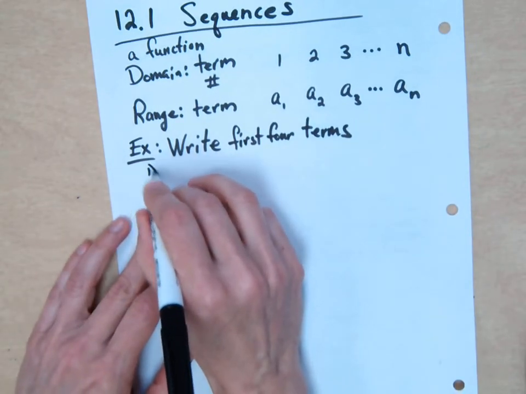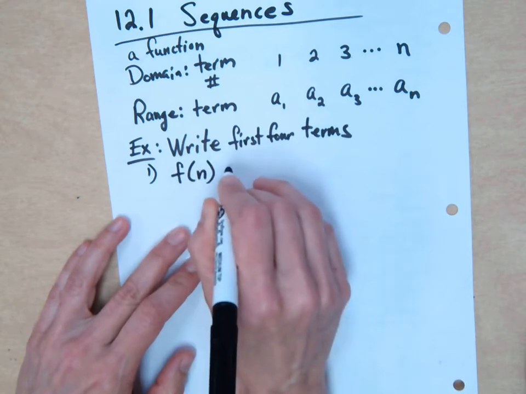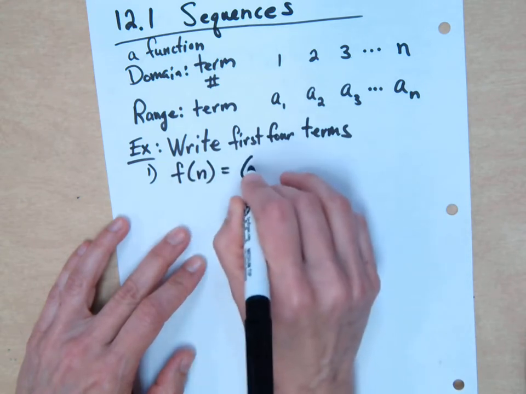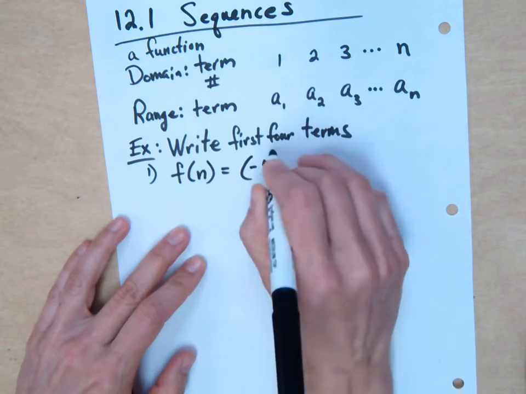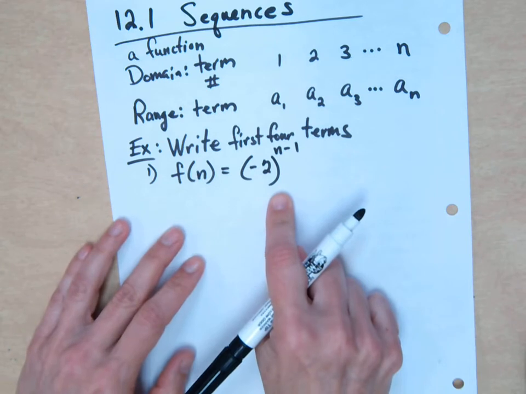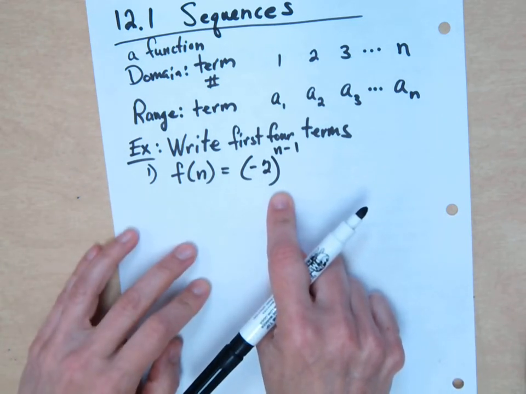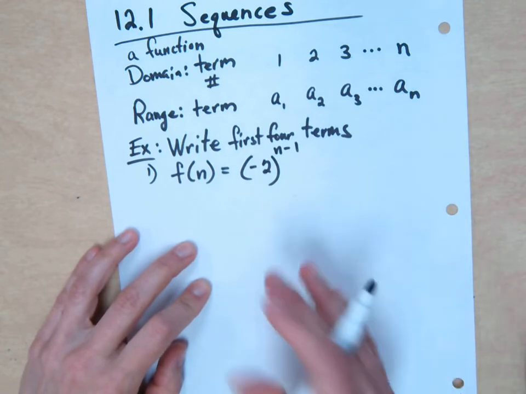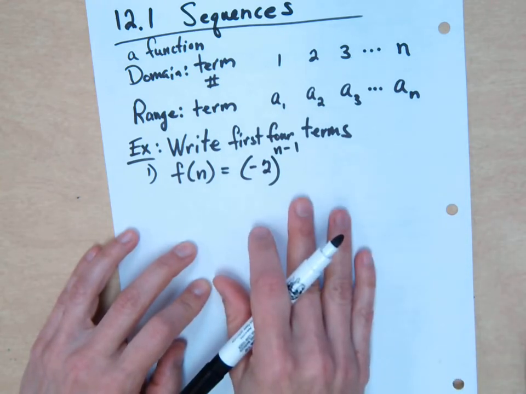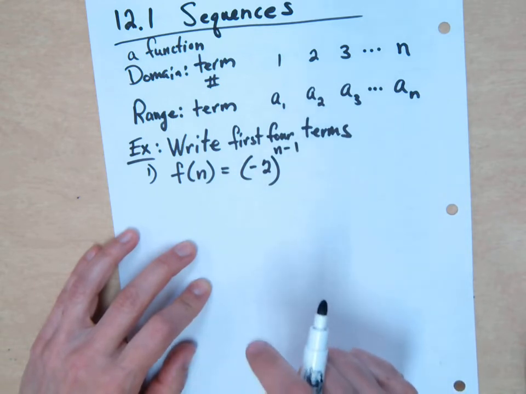For the first example, let's use function notation: F of n equals -2 raised to the n minus 1. It's a somewhat complicated formula, but you didn't have to come up with it. It was given to you. And we want to write out the first 4 terms. So you let n equal 1, and you plug it in, then 2, 3, all the way up to 4.